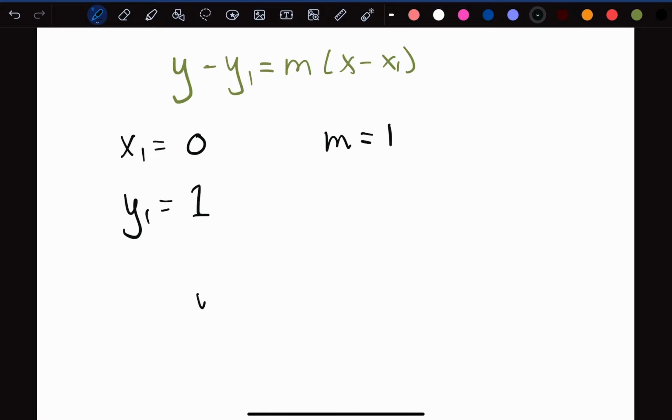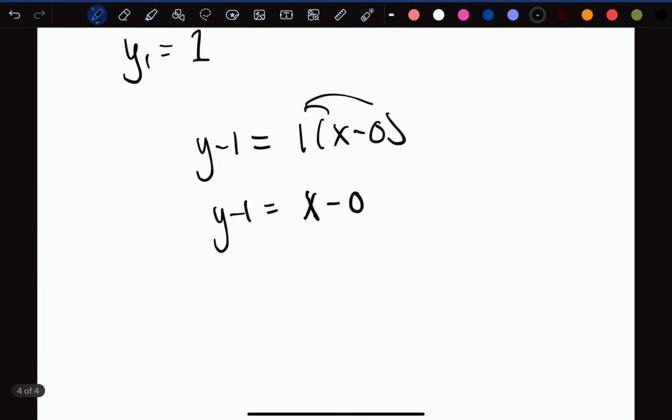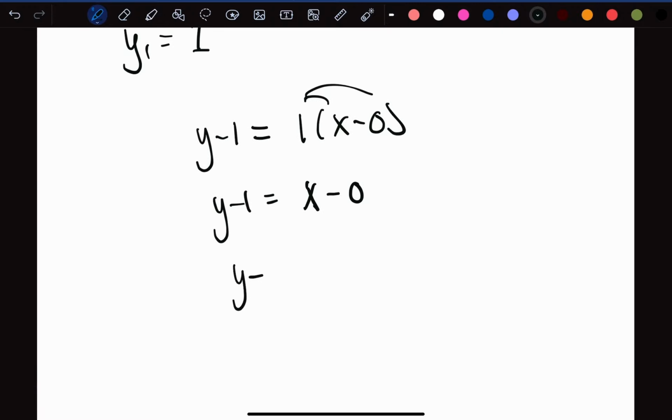So we have y minus 1 is equal to 1 times x minus 0. So this is going to be y minus 1 is equal to x minus 0. So we have y minus 1 is equal to x, y is equal to x plus 1.